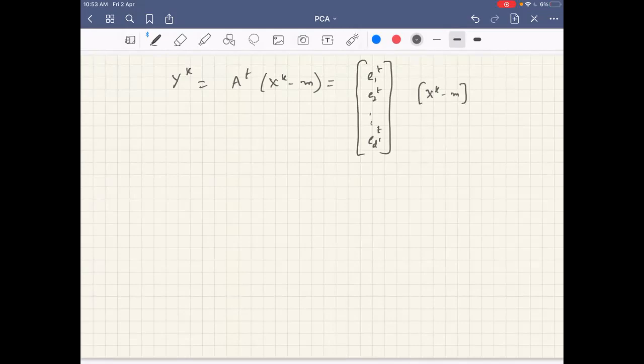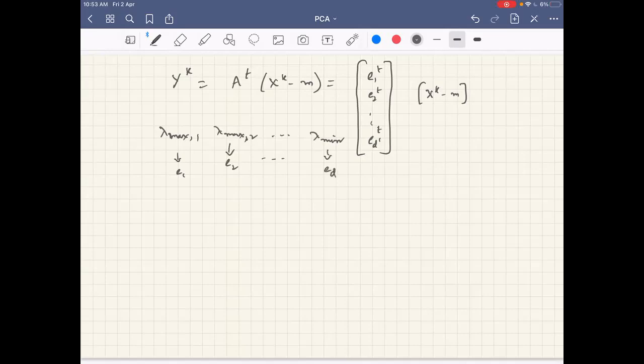Now we consider lambda max 1, lambda max 2, and so on, up to lambda min, and the corresponding eigenvectors E1, E2, and so on up to ED.